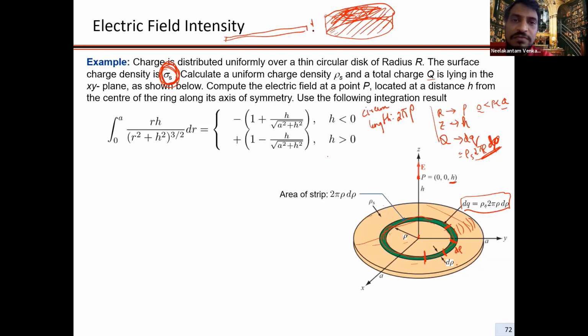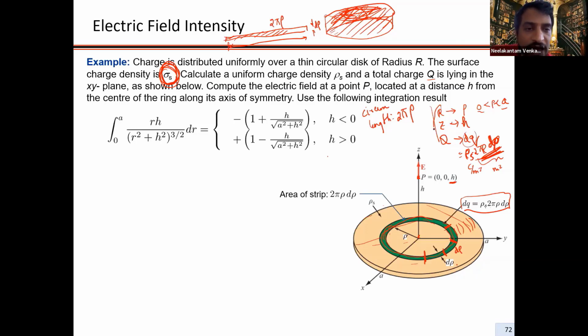The height of this ribbon is going to be d rho, and the length of it is going to be 2 pi rho. I cut that round strip into a ribbon, expand it, and the length becomes 2 pi rho. So I need to find this area, which is 2 pi rho d rho, times the surface charge density. This is coulomb per meter square, and this is a meter square. So when I multiply, I get my dq.